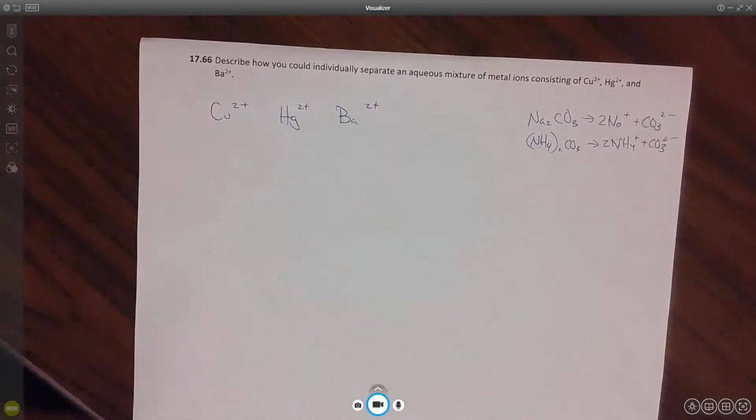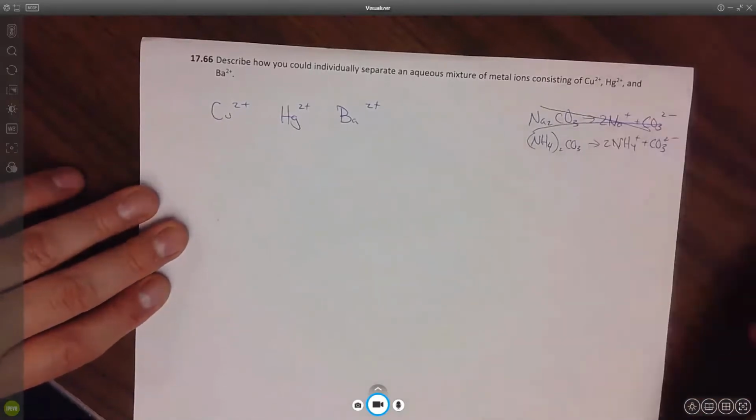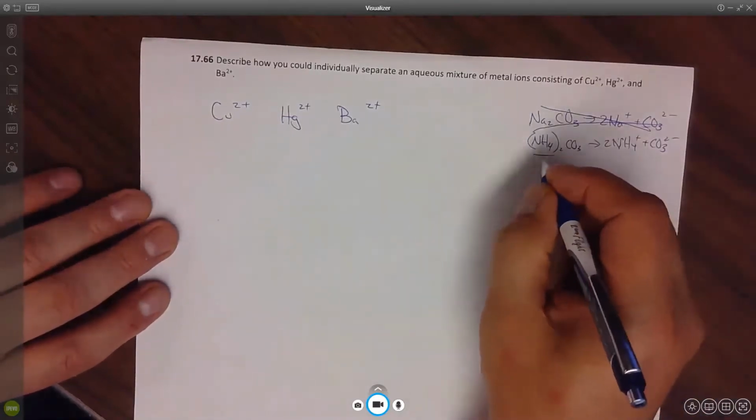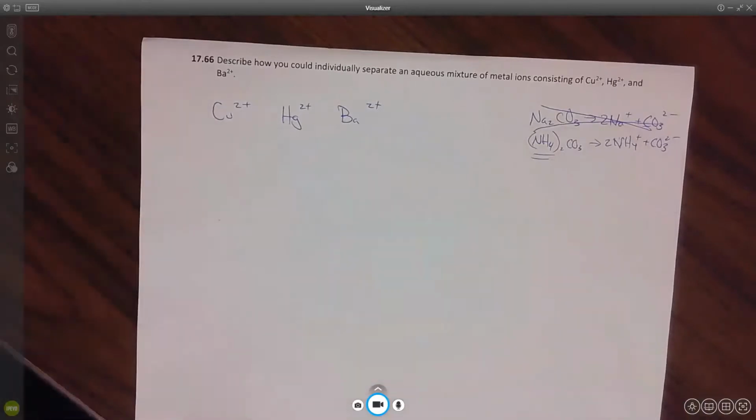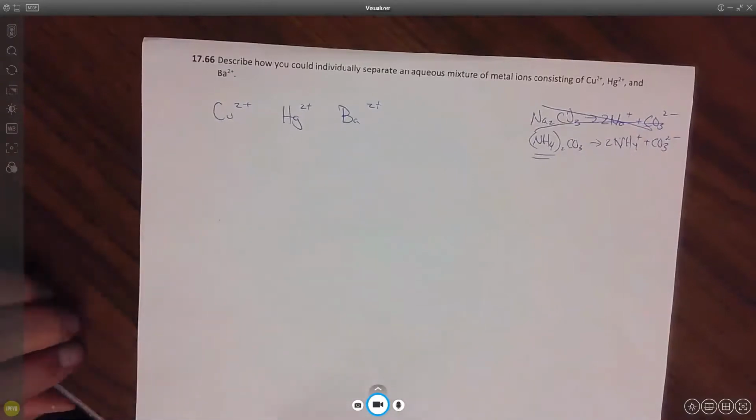Could you use rule 3 where it talks about chlorides, bromides, and iodides? Oh, okay. Now I don't want you to add any other metal ions, so sodium carbonate was actually a bad choice for me. I could have used ammonium carbonate, so I'm not adding any more metal. So what could I add to precipitate out just one of those ions?